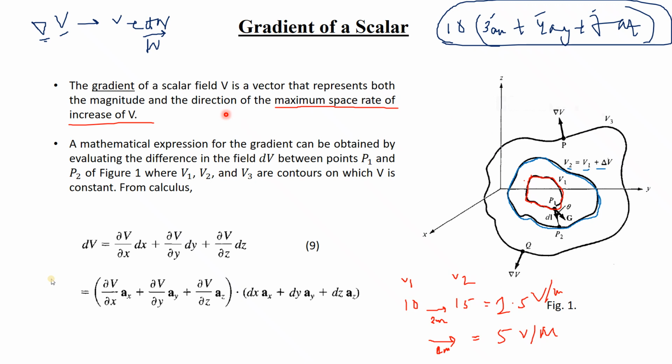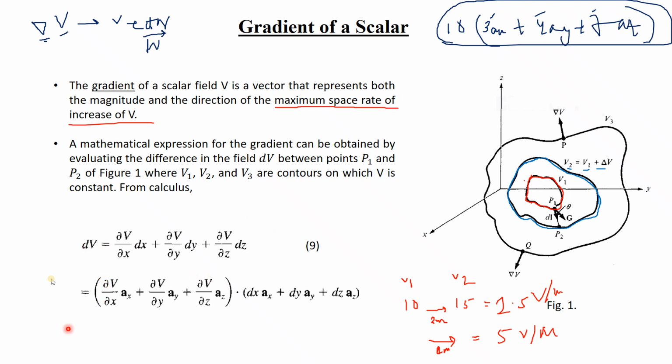So suppose this is point P1, and P2 is the point where the length is shortest. By traveling this path, this displacement dl, we can get the maximum space rate of increase of V.